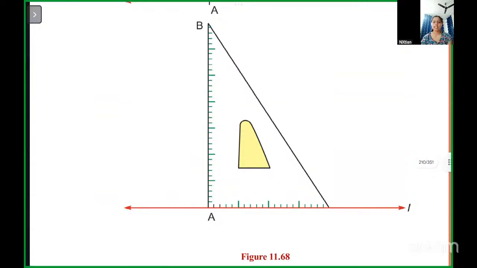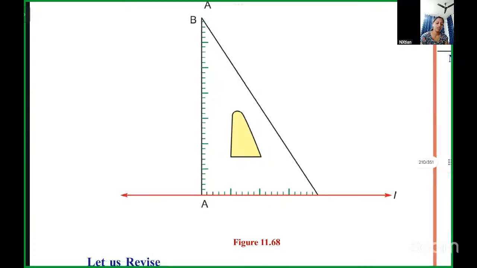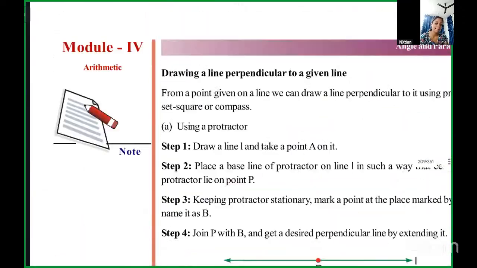Ma'am, are you also supposed to draw this line? No, no. You are not supposed to draw that line. Yes, Joshua, that is correct. Now with this, we are finished with the lesson.